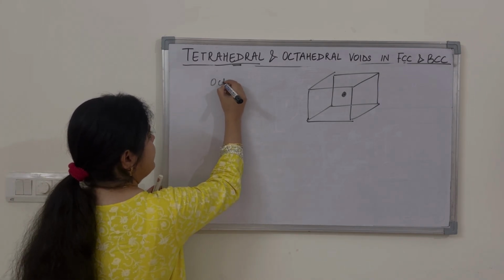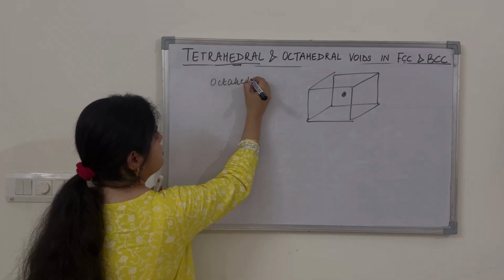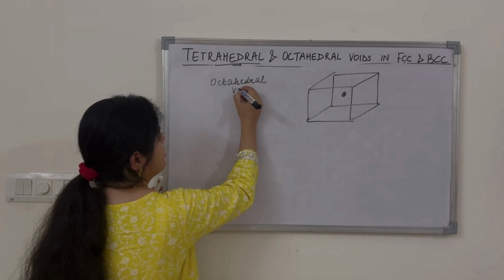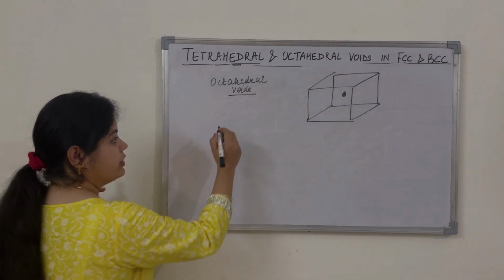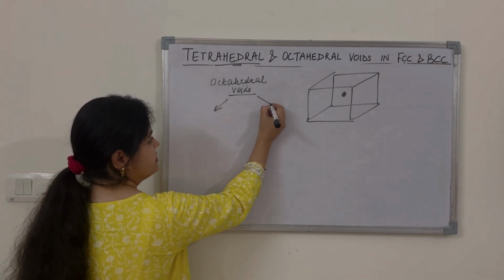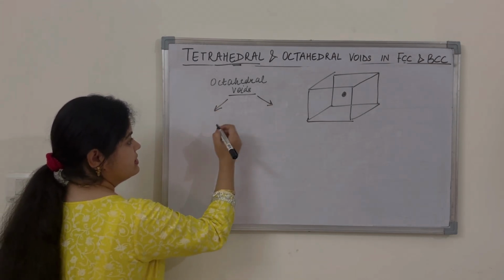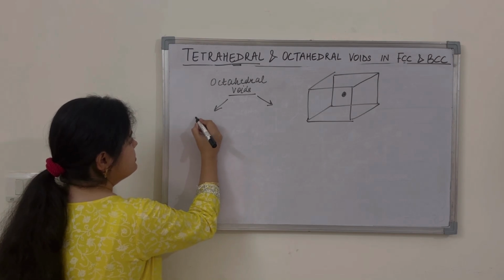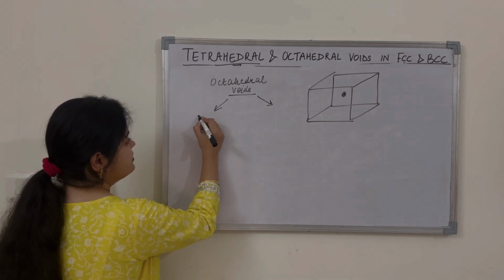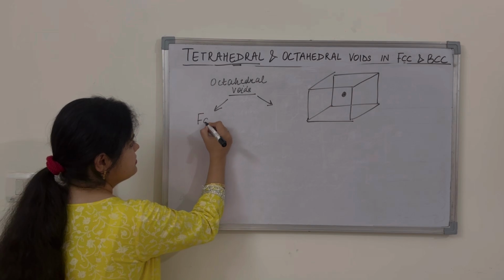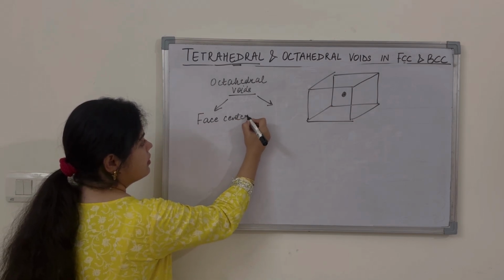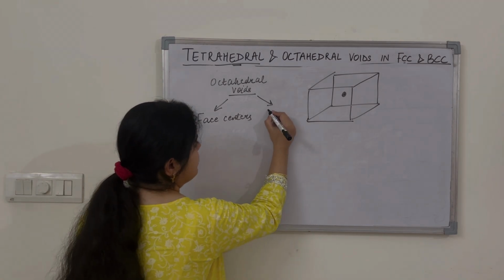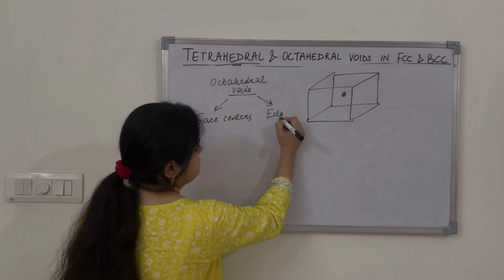Now for octahedral voids, we have 2 types of octahedral voids in a BCC lattice or BCC unit cell. First are those voids which lie at the face centers, and others lie on the edge centers.